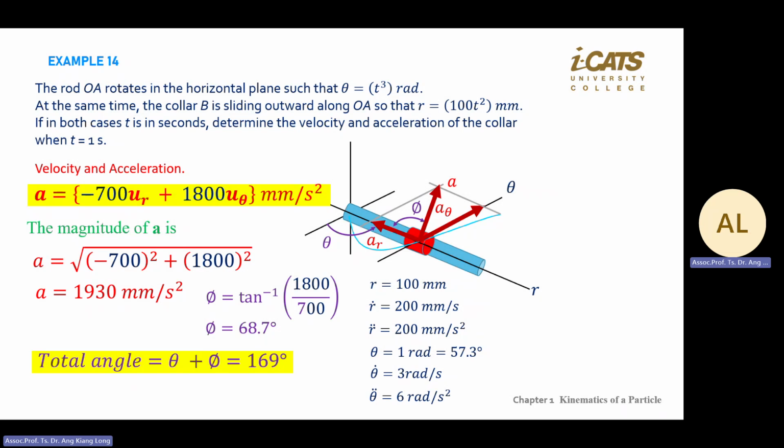And sometimes you have your global axis, which is x and y. And then just now we saw the cylindrical coordinate, where we add in the theta and r direction.